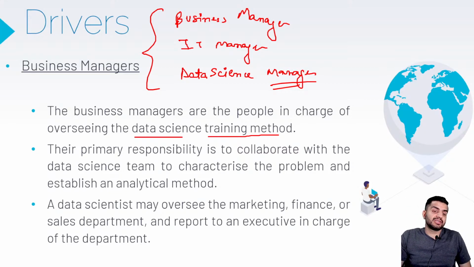Here the business managers make sure that the ideology behind the problem statement is pretty clear. The problem statement is crisp, concise, and everybody is 100% sure of what problem statement we are going to solve and what my desired outcome is on top of this. So this is the role of a business manager.